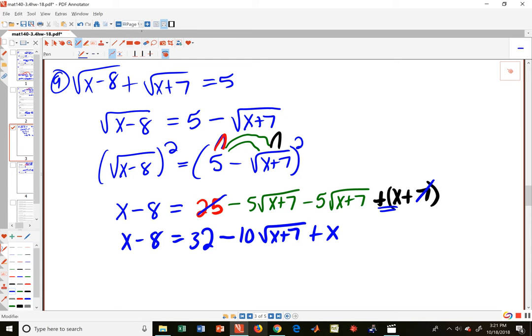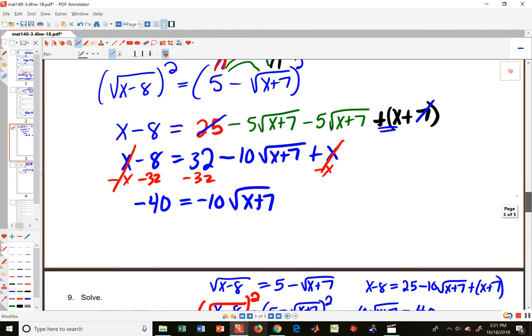Now, when you subtract x from both sides, this just goes away completely. We're also going to subtract the 32 from both sides. We're going to leave everything else on that side for the moment. So when you subtract, it looks like you get minus 40 equals minus 10 square roots of x plus 7.